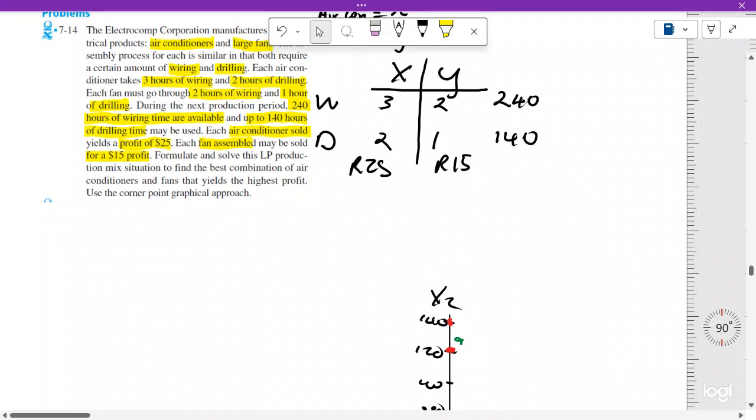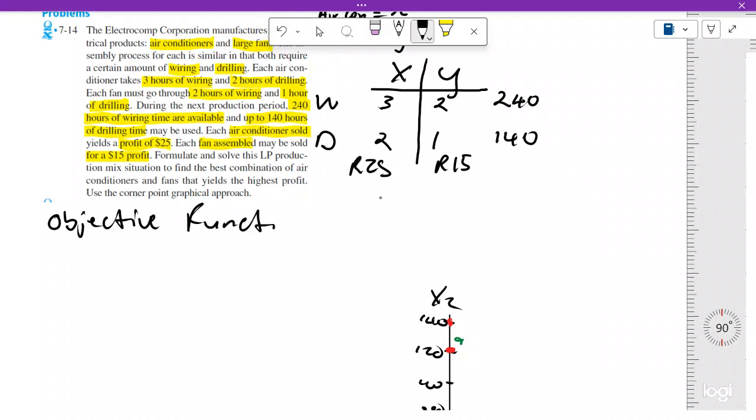So now we have our objective function. It is very important to know the structure. Always refer to your book.